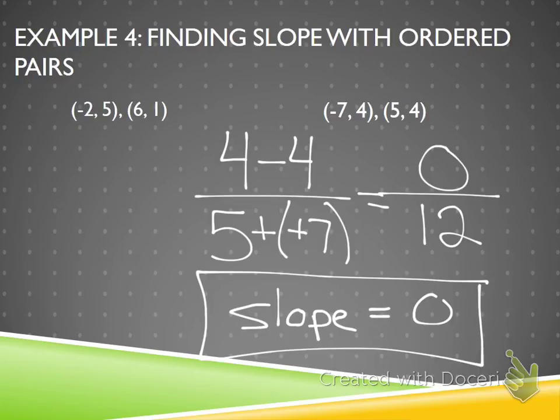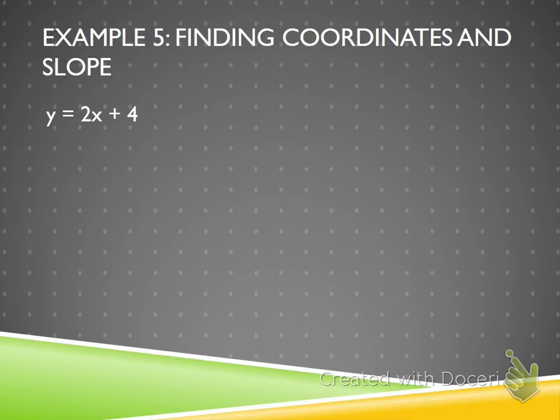Okay, so that'll help you if you're not looking at a graph. We're not graphing these ordered pairs, so you can't see the line. So just know, if 0 is in your numerator, your slope is 0. If it's in your denominator, your slope is undefined.